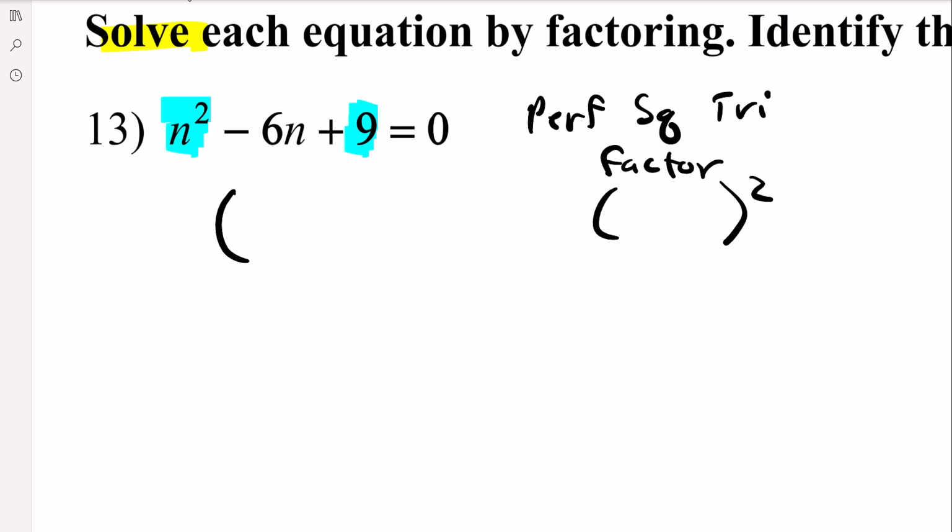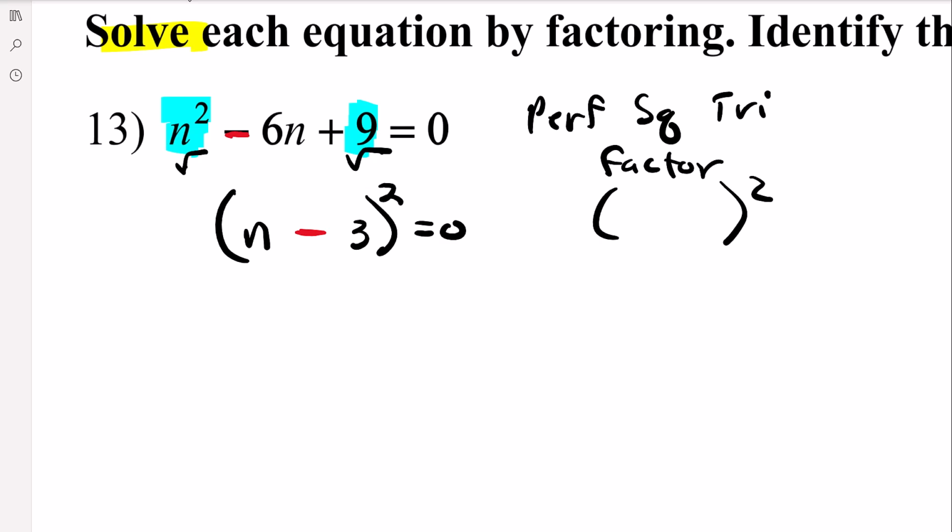to a binomial squared. And how you do that is you take the square root of the first and third terms. So the square root of n squared is n, the square root of 9 is 3, and then you take the operator, the first operator. So it looks just like that. That's how you would solve that, except for that becomes squared.